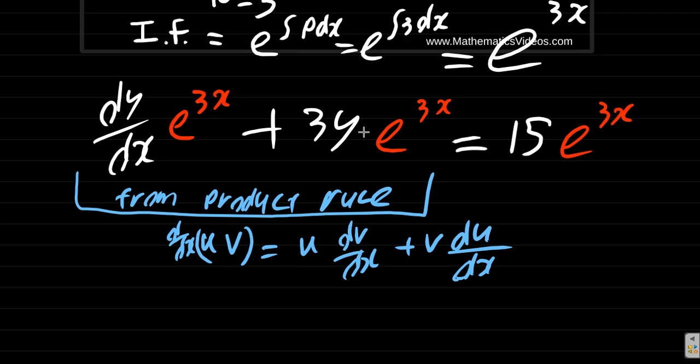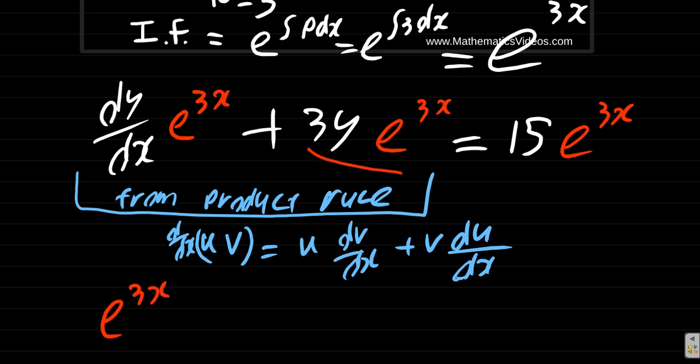Now, what could possibly have been the product here? Now you will see that what happened here is y is differentiated with respect to x. So what you do is have dy by dx, and you hold e to the 3x as it is. So one of the products is e to the 3x.